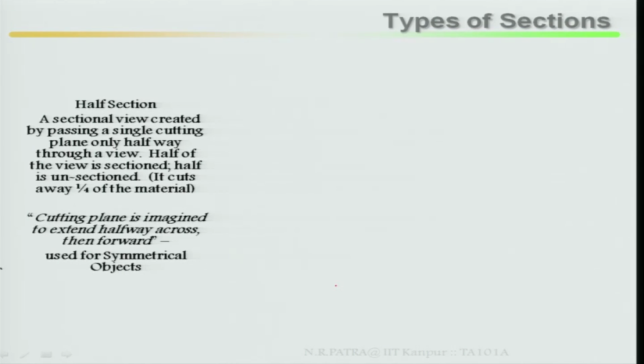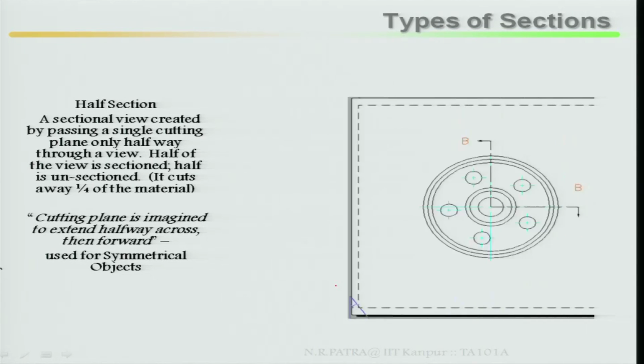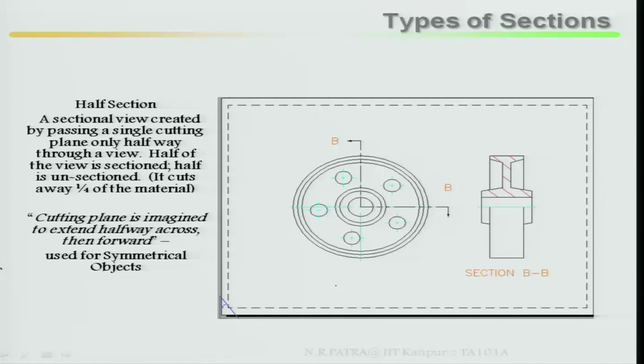It is used for symmetrical objects, because whatever material is in one half, the same material will be in the other half. If it is symmetrical, you need not show the entire sectioning; rather you show half of the sectioning. Earlier I showed full, and now I am making it half.